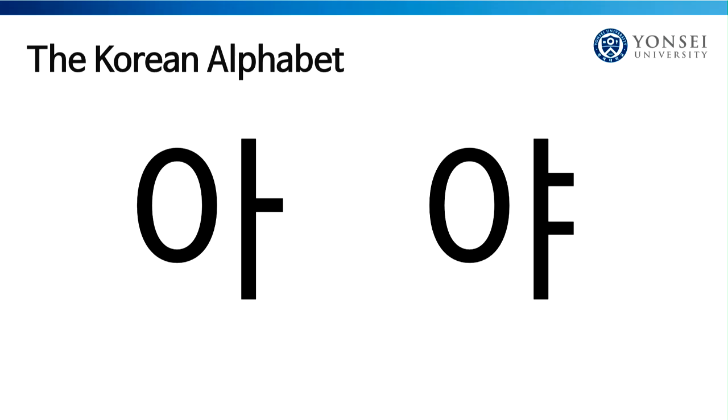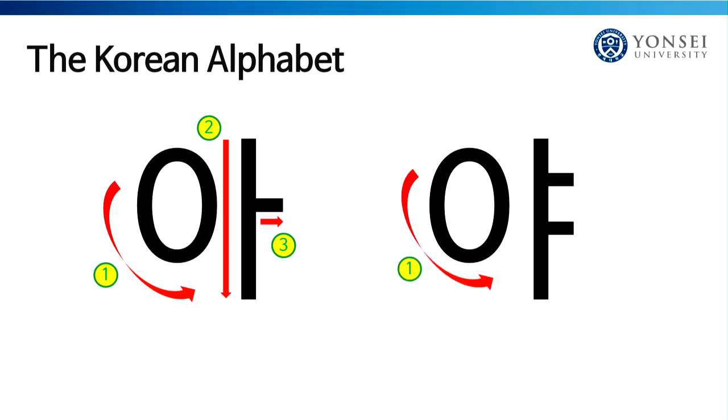At this time, we will practice writing the letters one by one. A is written using a circle, a long stroke from top to bottom, and a short stroke from left to right. A. Ya is also written using a circle and a long stroke from top to bottom, with 2 short strokes from left to right instead of 1.